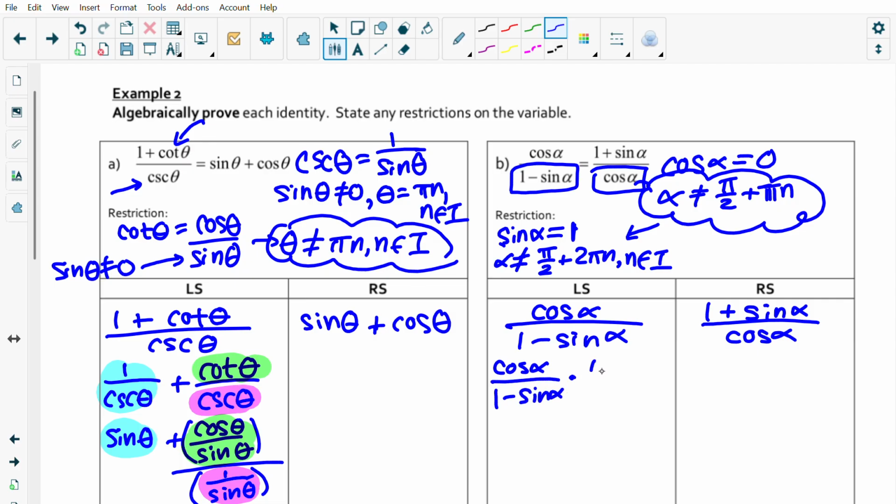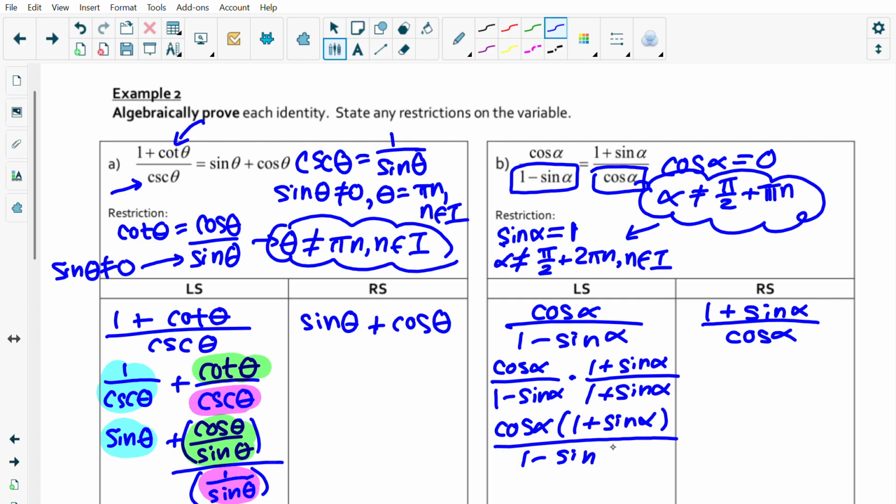This is a great time to use the conjugate: 1 plus sine of alpha divided by 1 plus sine of alpha. This is cosine of alpha times 1 plus sine of alpha, and then in the denominator I have 1 minus sine squared of alpha.